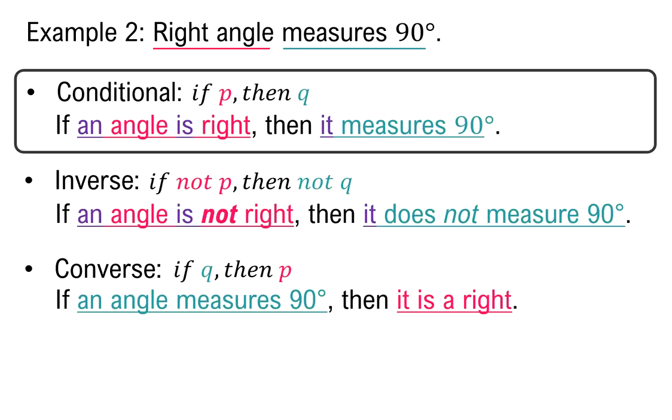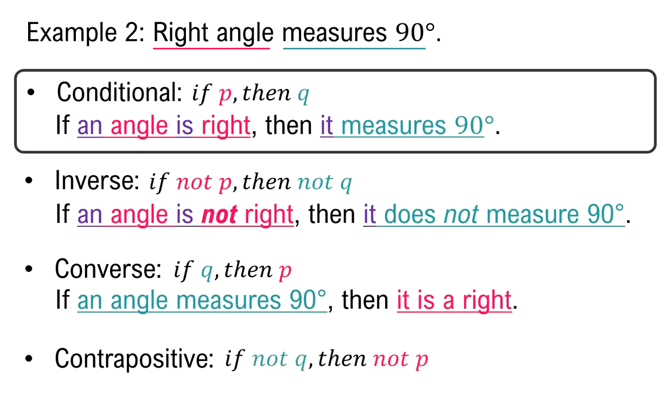Lastly, how do we change our conditional statement to contrapositive statement? So, paano nga ba? So, we can write our statement na if not Q, then not P. So, take note, when we say contrapositive, what we're gonna do is we're gonna negate and interchange the hypothesis and conclusion.